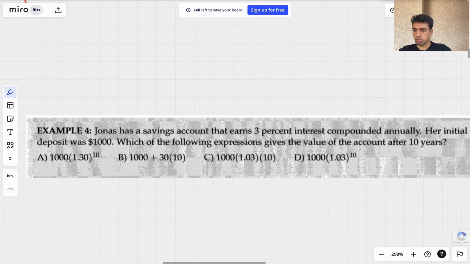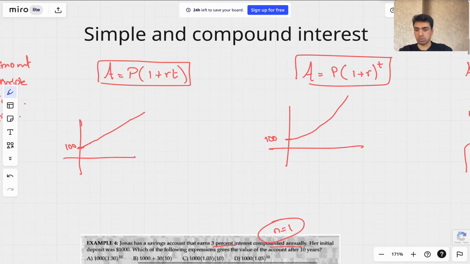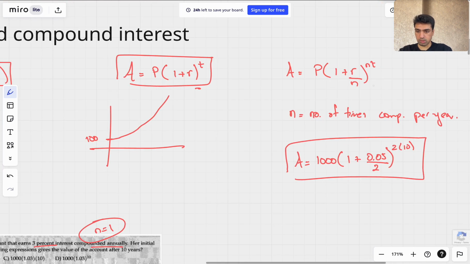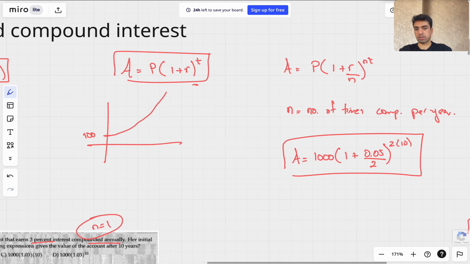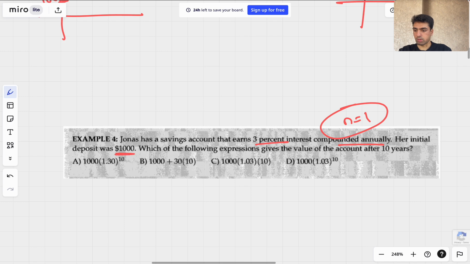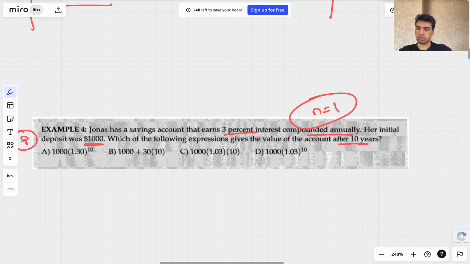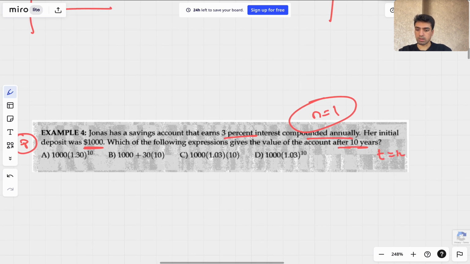Okay, here's an example. It says Jonas has a savings account that earns 3% interest compounded annually. Compounded annually means it's compounded every year, which means N is 1, which means you can use the simple formula. You don't have to use the other one because N is 1, it'll just cancel out. Her initial deposit was $1,000, that's the principal amount, P. And they want to know the value in 10 years, so T is 10.